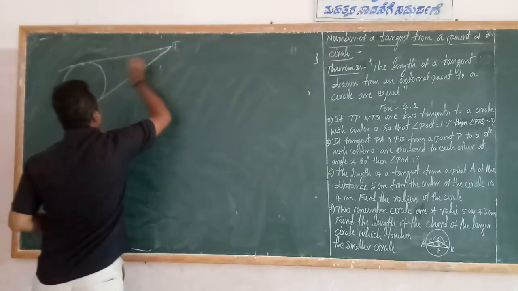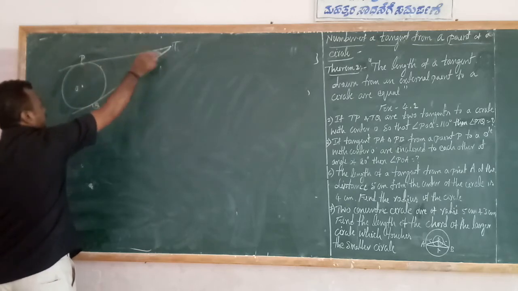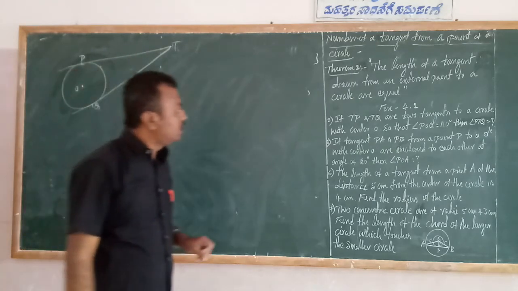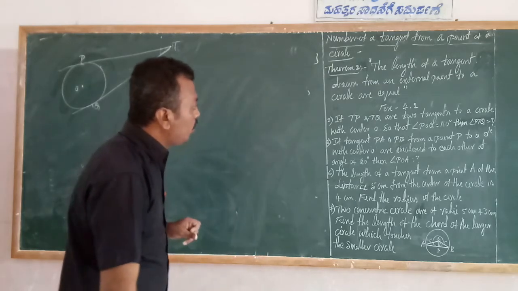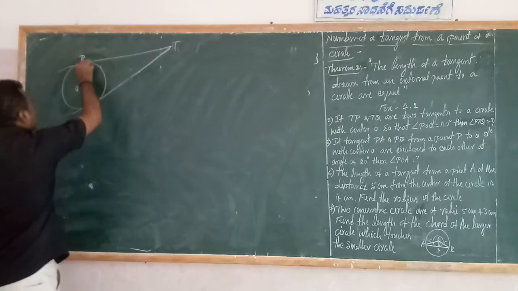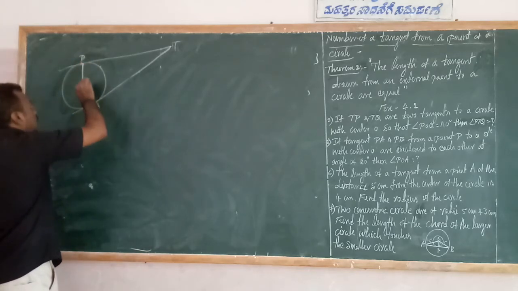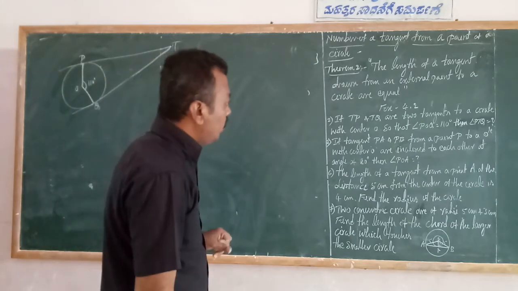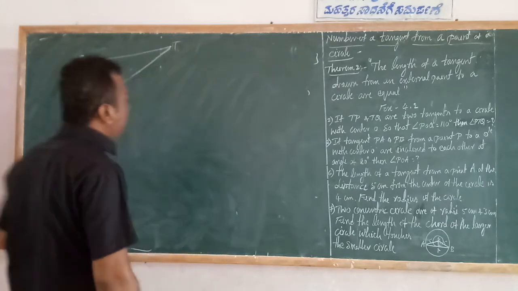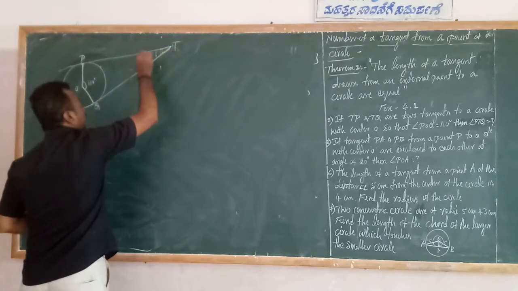See, this is P and this is Q. So TP and TQ are the two tangents to a circle with center O, so that angle POQ is equal to 110 degree. This is P, O and Q, 110 degree. So what we have to calculate? Find the angle PTQ. This angle we have to find out.